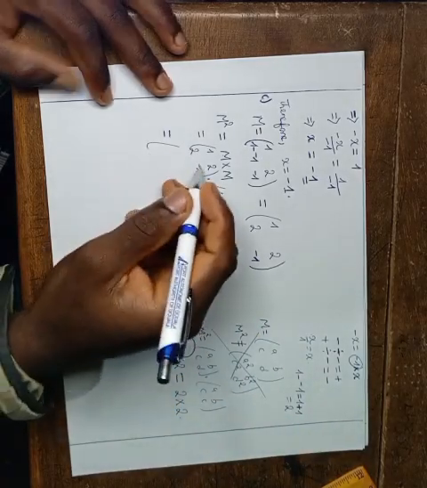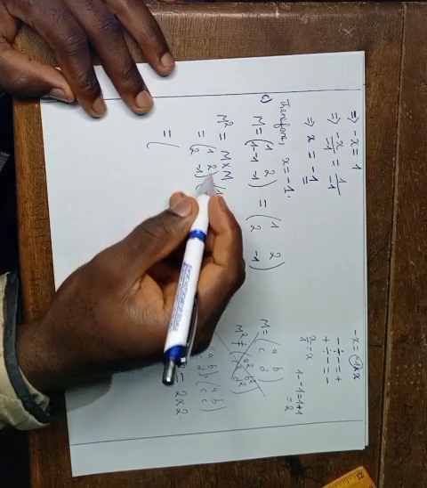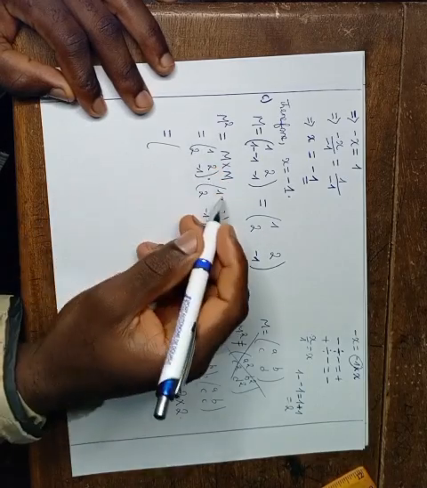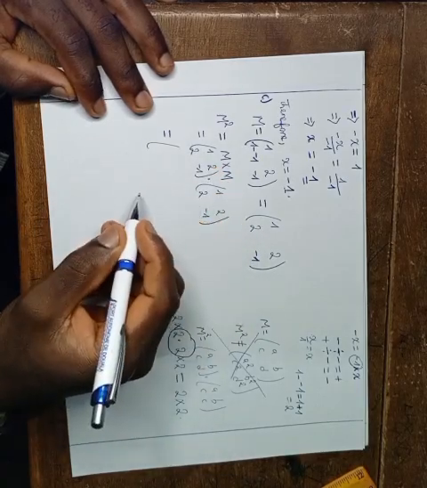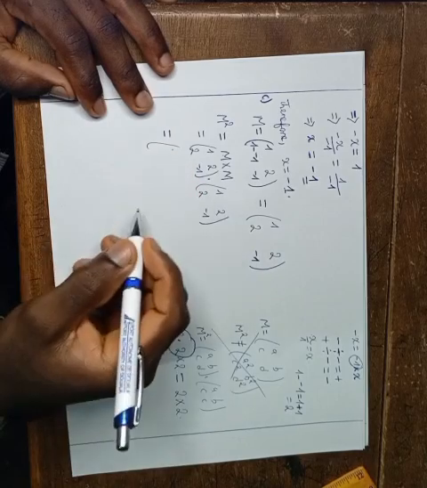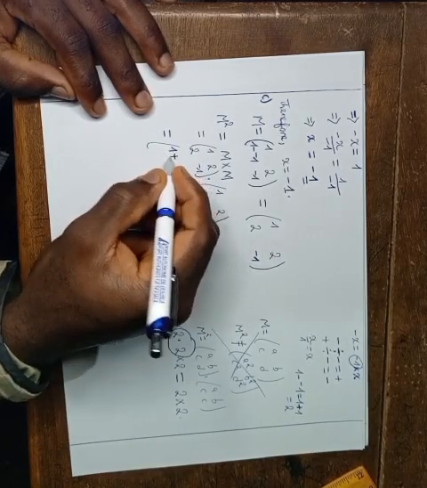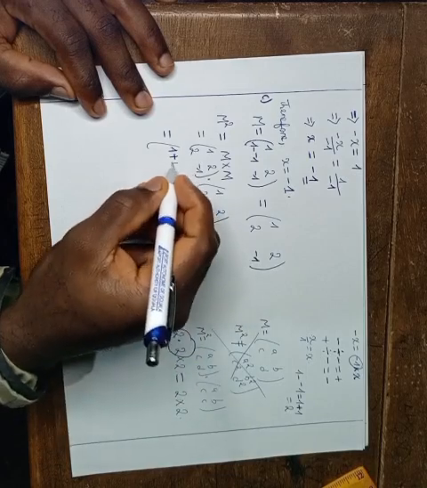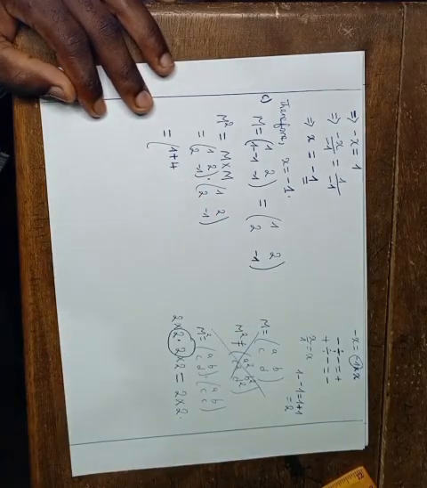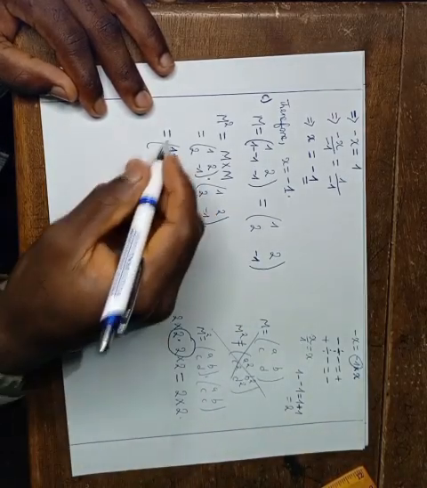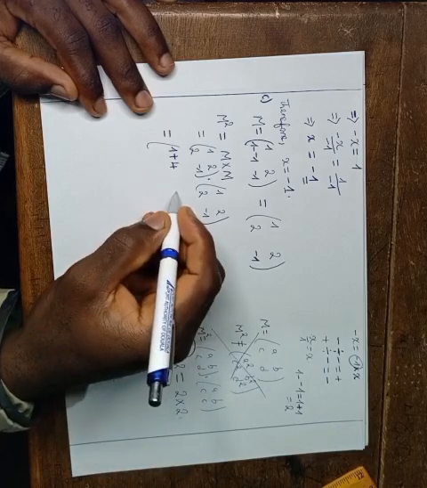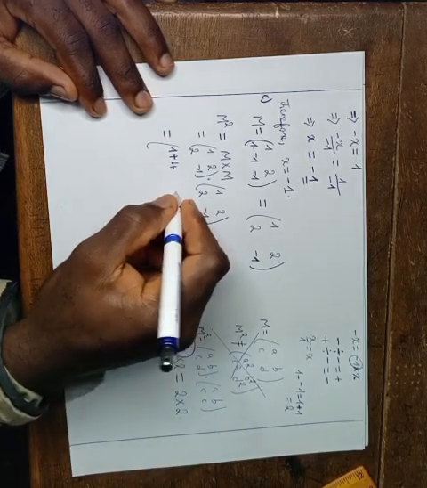Next, we can proceed with the multiplication. We take the first row of the first matrix and multiply by the first column of the second matrix to get the first entry. 1 times 1 gives us 1, plus 2 times 2, which is 4. That gives us the first entry of the first row. Next, we need the second entry of the first row.